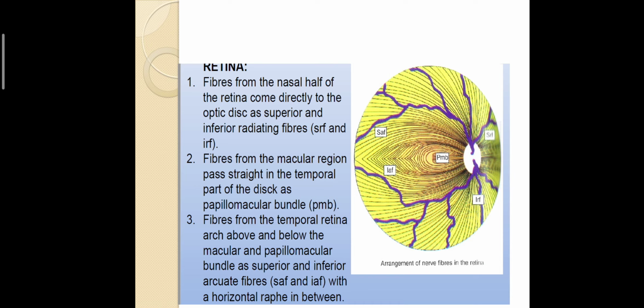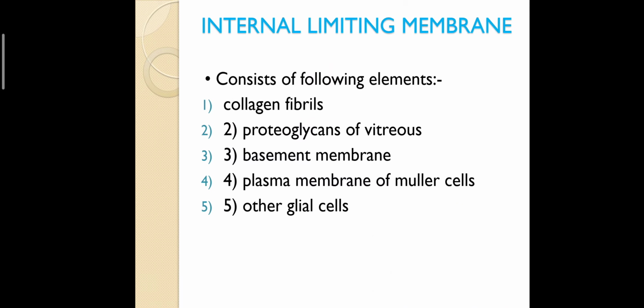Whereas other fibers from the peripheral temporal retina curve around this papillomacular bundle in an arcuate fashion to form the superior arcuate fibers and inferior arcuate fibers, and they are converging into the optic disc. So this is the arrangement of the nerve fiber layer within the retina.